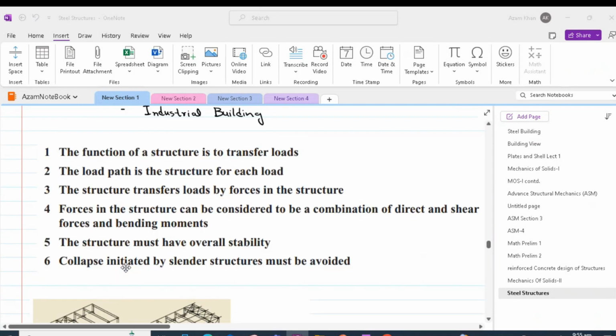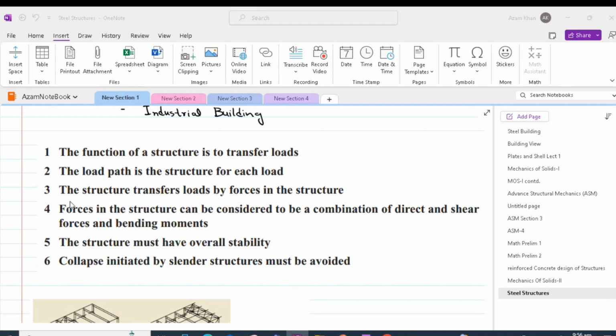The explanation for the behavior of the structure for this single space uses six basic concepts, which are as follows. The first one is that the function of a structure is to transfer loads. The second one is that the load path is the structure for each load.